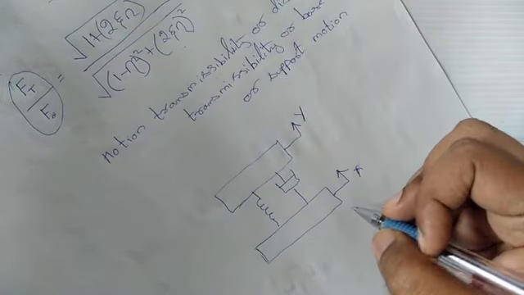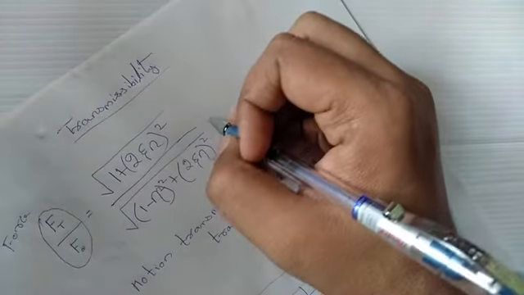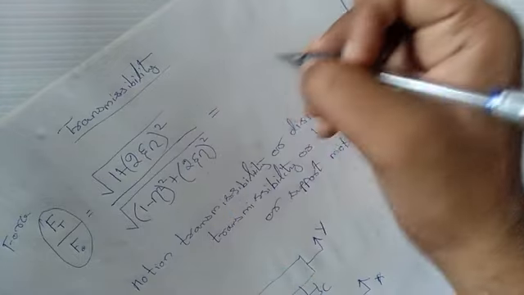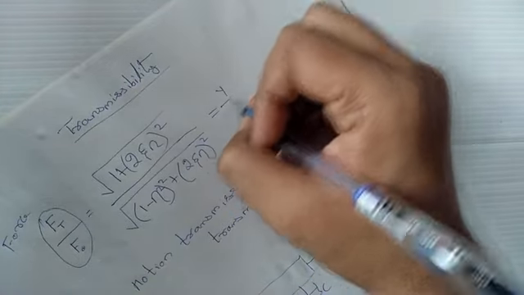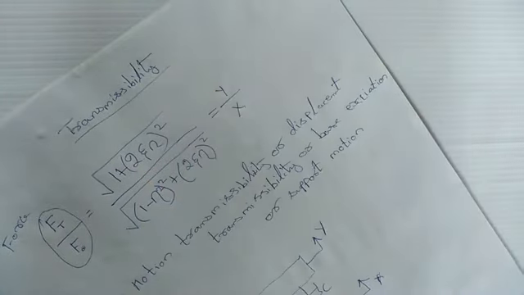This is k, this is c. So the transmissibility ratio would be y by x, and the formula to calculate would be the same thing.